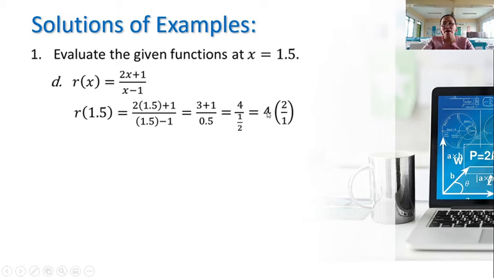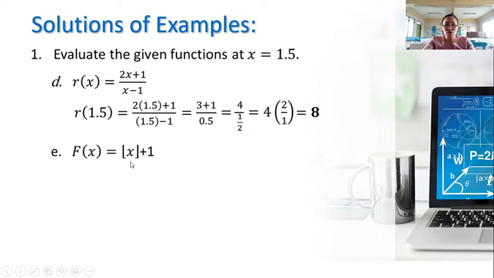Now for letter E, f of x is equal to the floor function of x plus 1, where the floor function of x is the greatest integer function. Once we talk about the floor function of x, it is actually the greatest integer that is less than or equal to the given specified number.